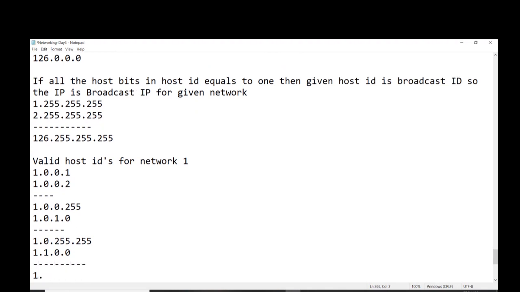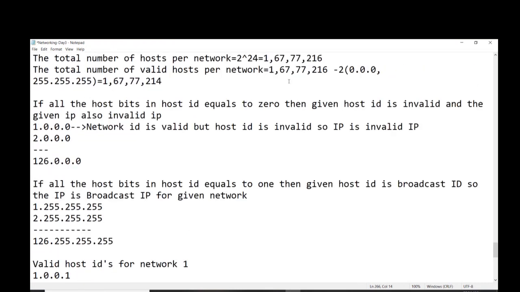Then finally 1.255.255.254 is valid. Understood? If you calculate all these, 0.0.1, 0.0.2, 0.0.3 up to 255, then 1.0, 1.255, then 2.0, and so on, if you calculate all these IP addresses, you will get this many host IDs. That is the meaning of this.